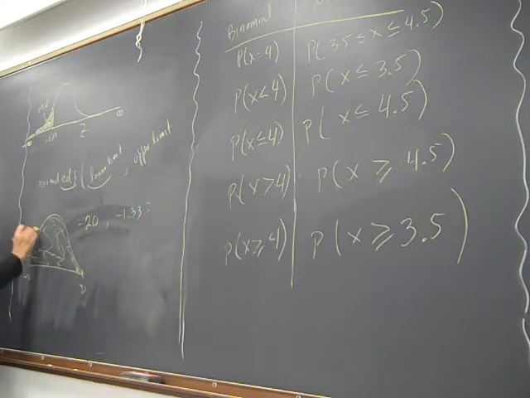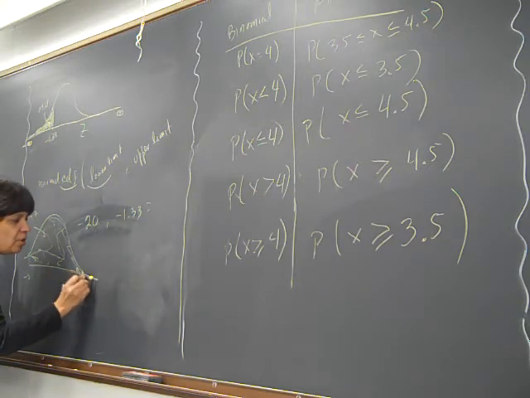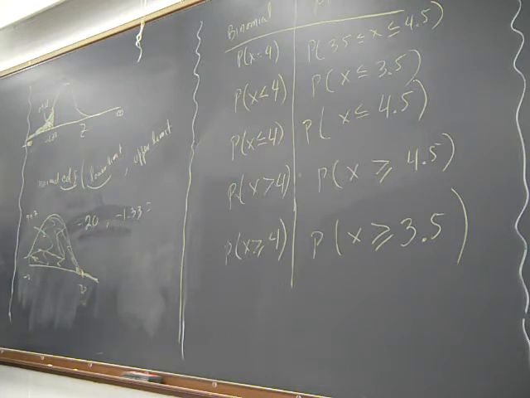So what is in the tails is so small, about 0.0015 in each tail.